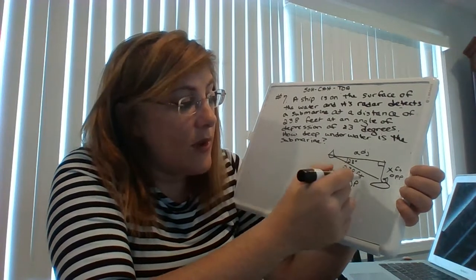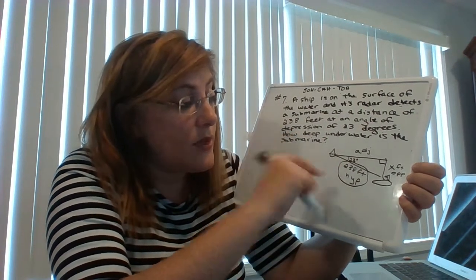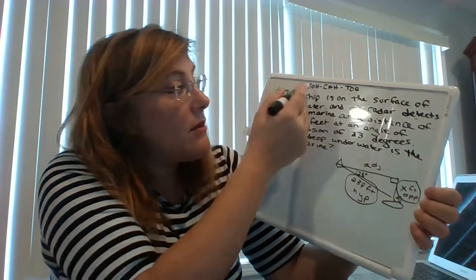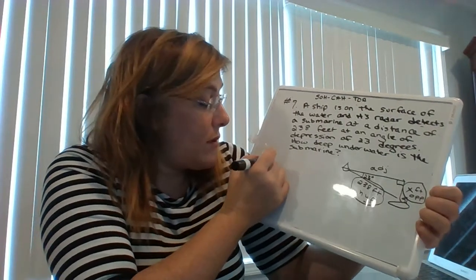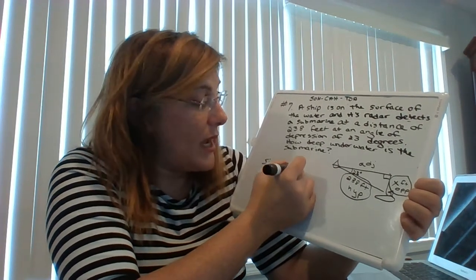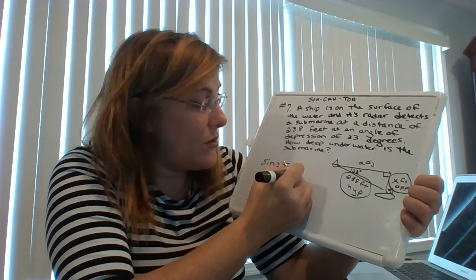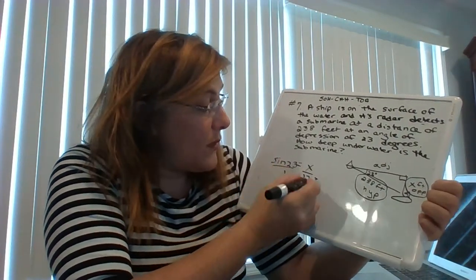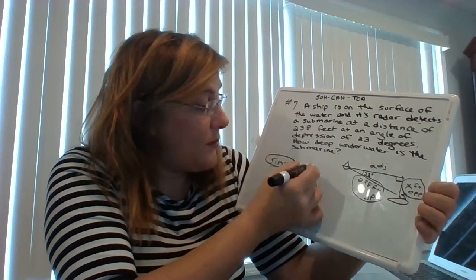The categories with values are hypotenuse and opposite. So we use sine. So we have sine of 23 equals opposite, which is x, over hypotenuse, which is 238. So once again, we're going to cross multiply.